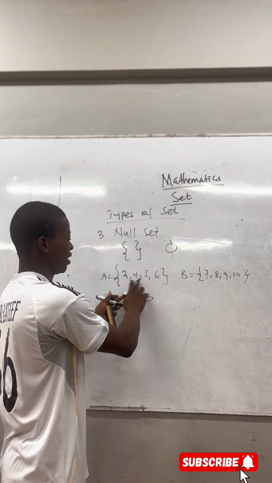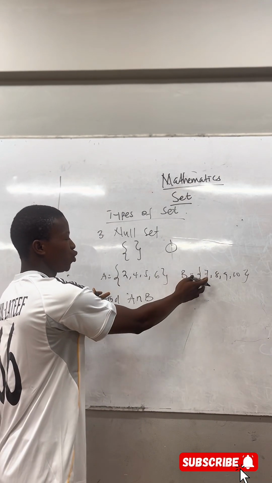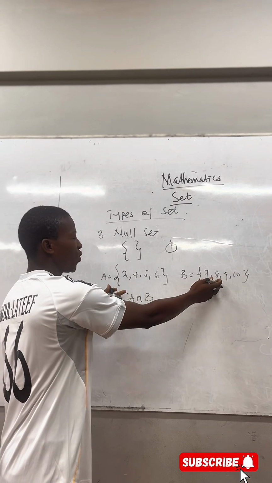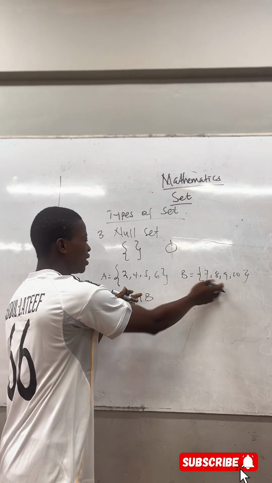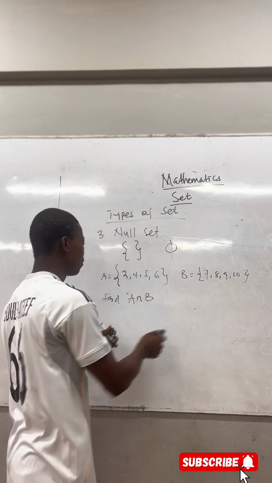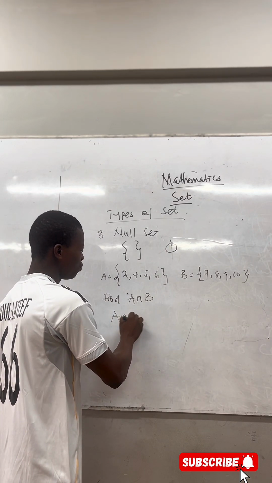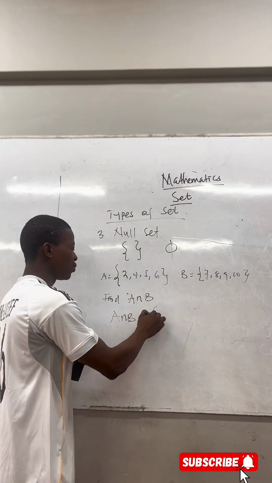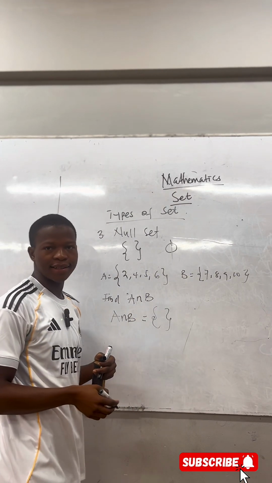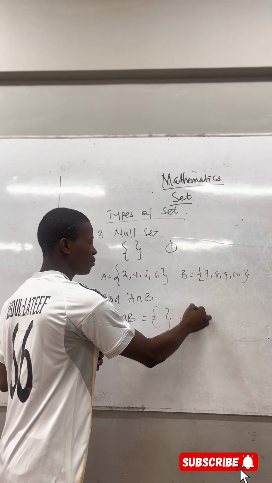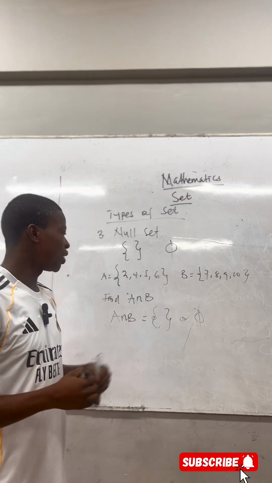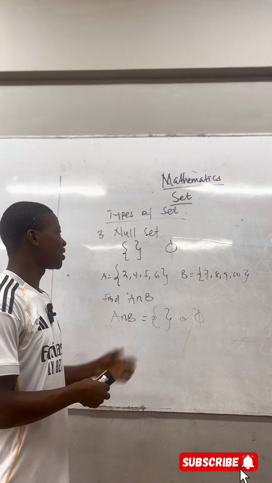Looking at this case, 2 is in A, but 2 is not in B. 4 is in A, 4 is not in B. 5 is in A, 5 is not in B. 6 is in A, 6 is not in B. So hence we say that A intersection B is equal to the null set.